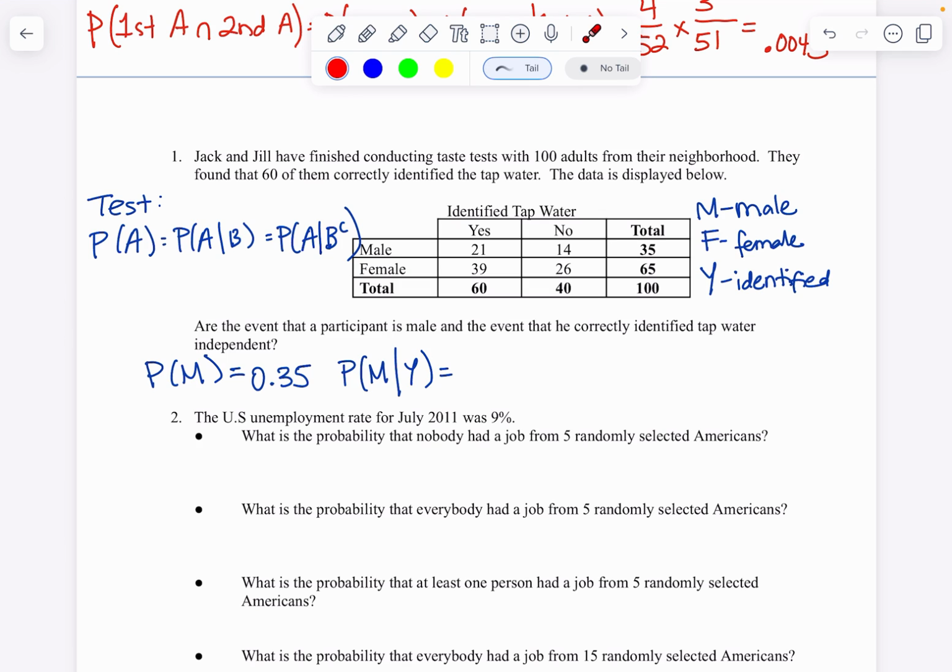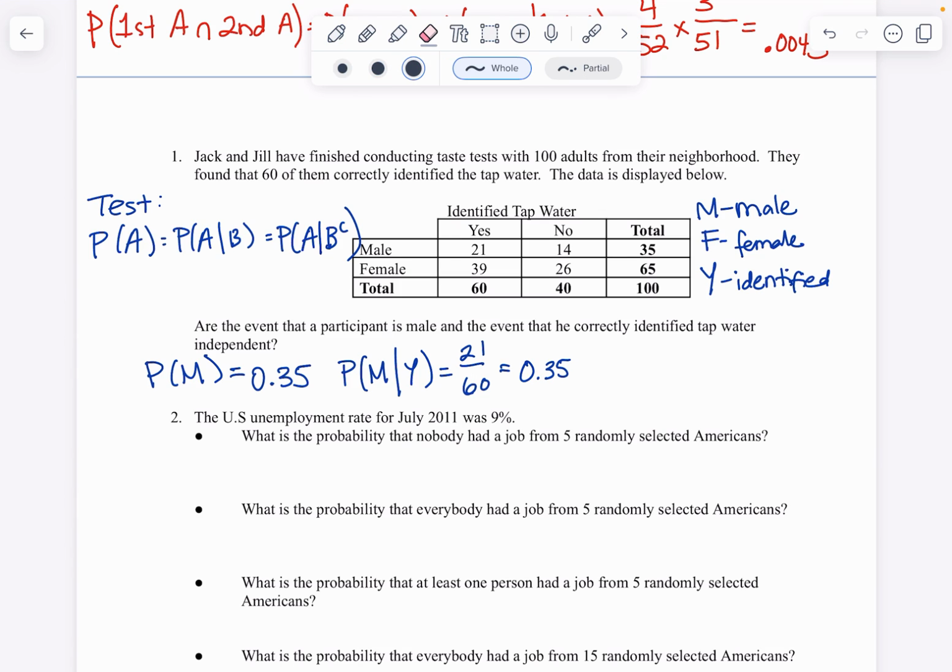Okay, I'm going to restrict my view to just this column. So the probability of male given they identified the tap water correctly is 21 out of 60. Which just so happens to also be 0.35. So we're on a good track so far.